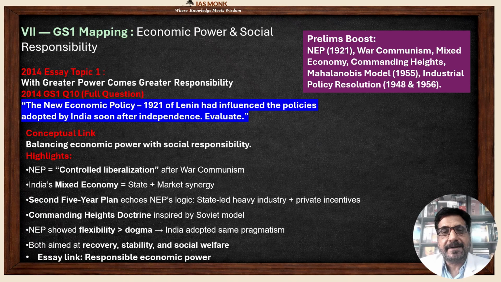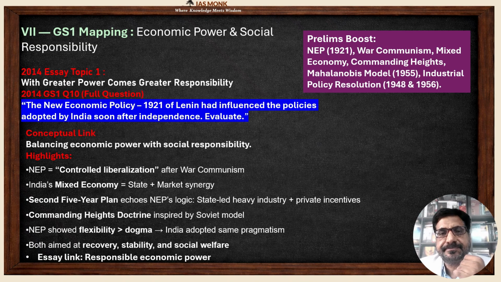Thus, India adopted a mixed economy with the public sector controlling heavy industries, banking, and transport, and the private sector encouraged in consumer goods, with agriculture supported through price incentives, cooperatives, and community development. Planning was used as a responsible tool to direct national resources.